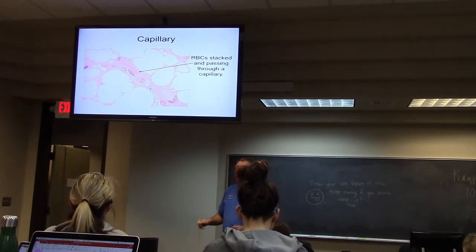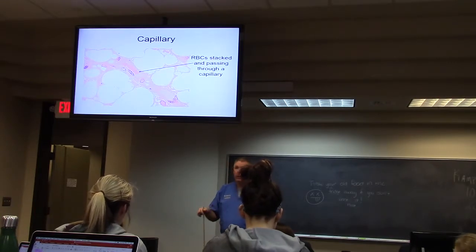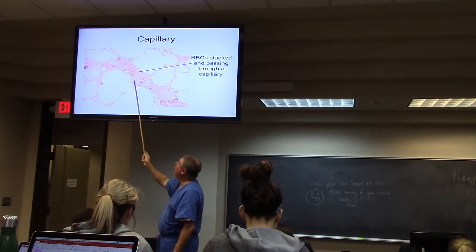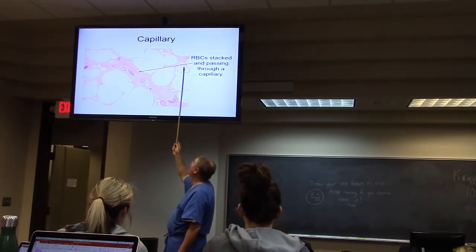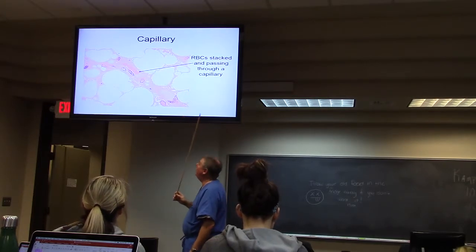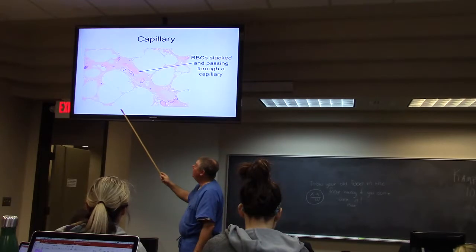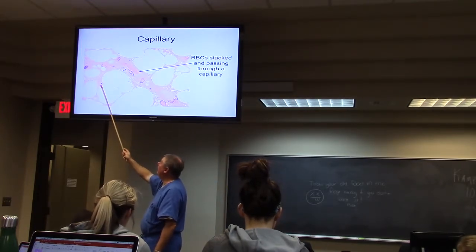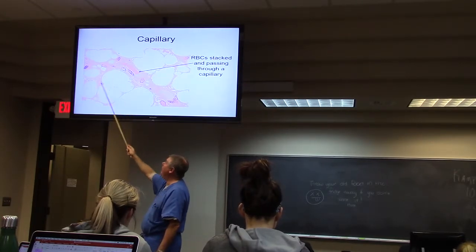They have no muscular coat whatsoever and are 1 cell thick. Here's a capillary in a lung. These are the alveolar spaces out in here. The lung tissue itself, there are 2 types of cells in the lung tissue. One is called a type 1 cell, and it's what forms the majority of the alveoli.